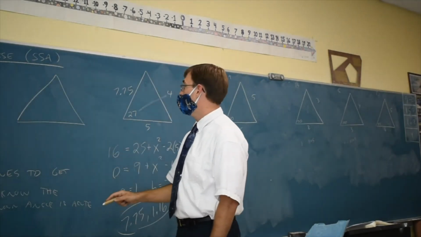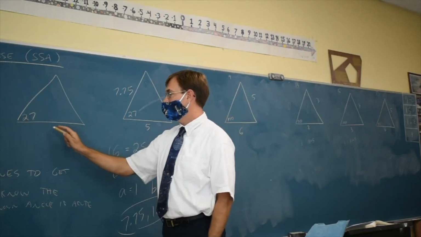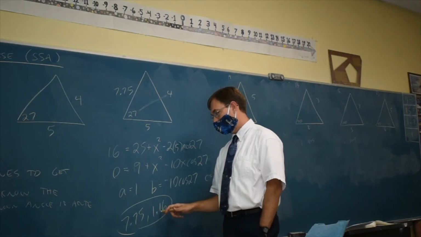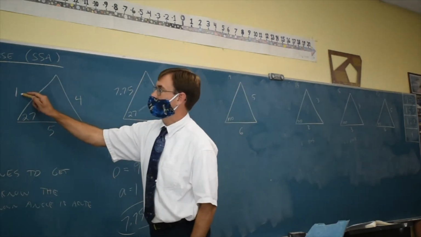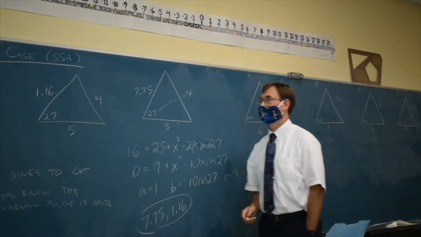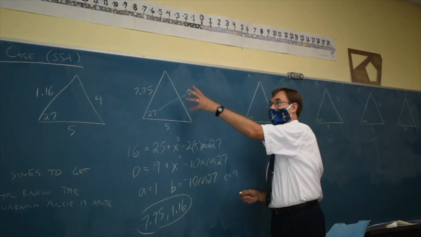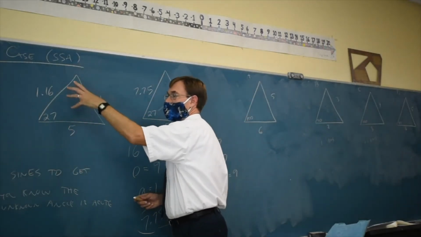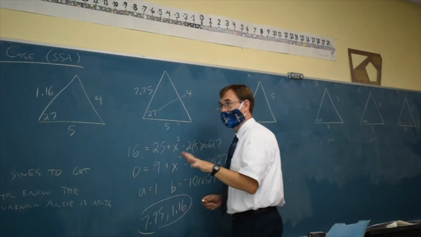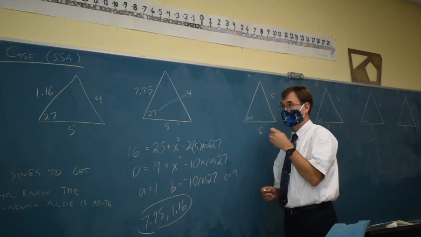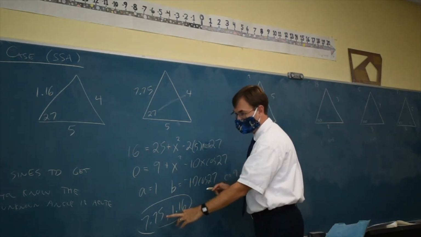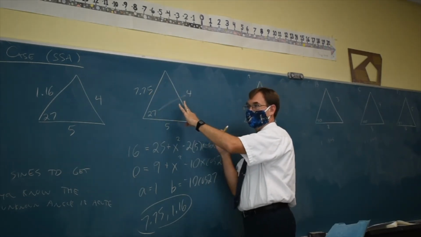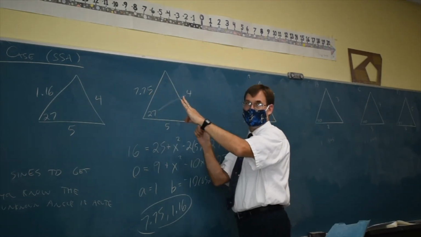You would create a clone that has 27, that has 5, and that has 4, but unlike its clone, there is a 1.16 that lives there. Then you'd set about finishing this one based on its answer, and you'd set about finishing the other based on its answer, but you don't have to do that today. But that's where tomorrow is going to go: if this gives you a double answer, you have to clone it. And now you're not looking for 3 facts anymore, you're looking for 6.